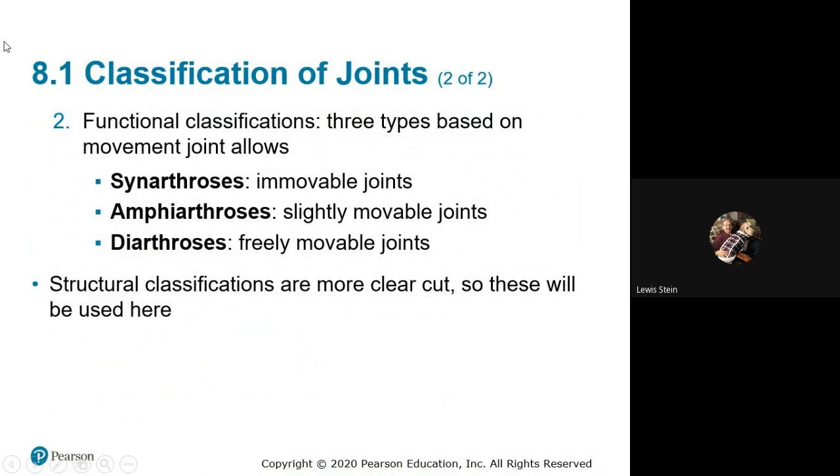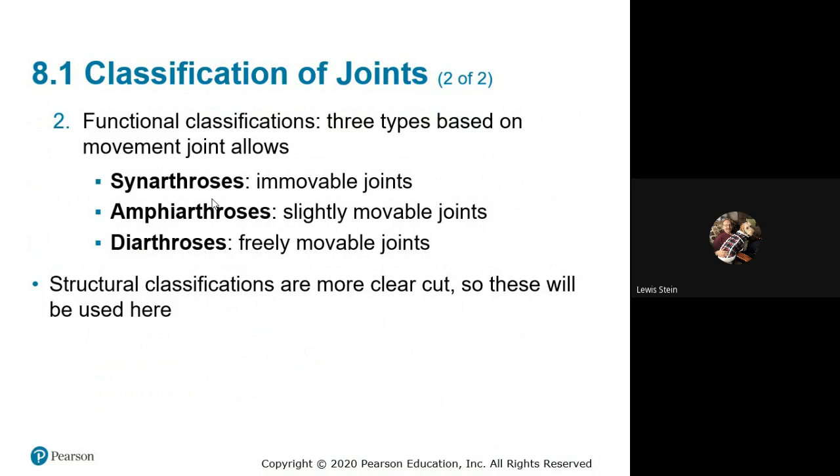The functional classification is used as well. When we look at the term arthroses, the implication is joint-related conditions, since "osis" means a condition of. So when someone has an arthrosis, they have a particular condition of a joint. Syn, without, means immovable or effectively immobile joints.